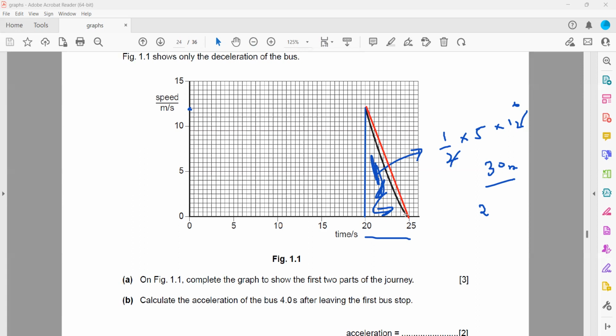So it means it should be less than 30. If it was a perfect triangle, it should be 30. But it's smaller, so you can write any value like 27, 28, 29, 26. Is it clear? Why we did not write 30, we write less than 30 because it's not making a perfect triangle.